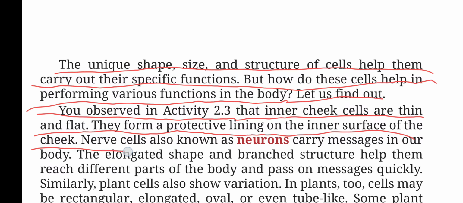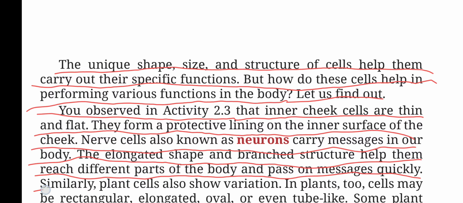They form a protective thin lining on the inner surface of the mouth. Nerve cells, also known as neurons, carry messages in our body. The elongated shape and branching structure help them reach different parts of our body and pass on messages quickly.